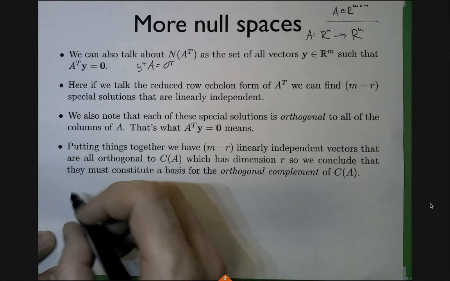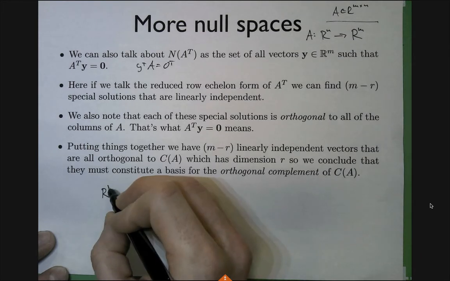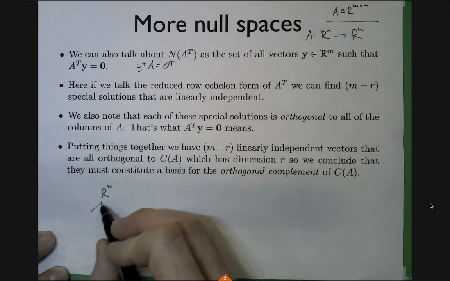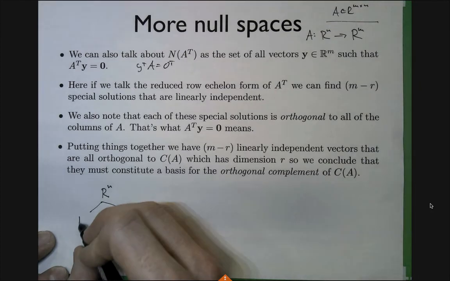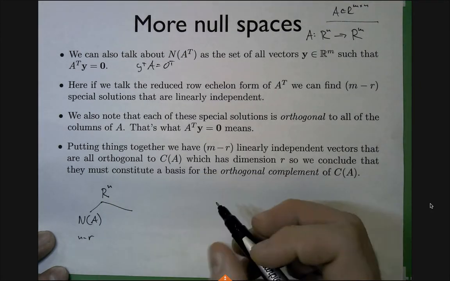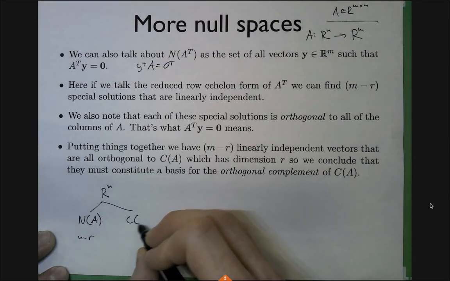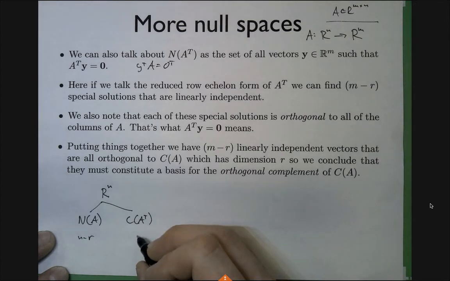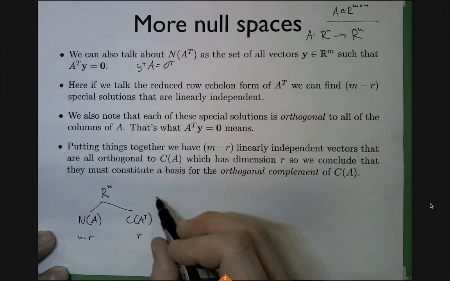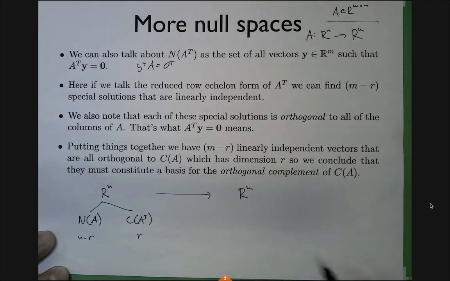What I have just discussed is that Rn, the input space, essentially splits into two subspaces: the null space, which has dimension n minus r, and the row space, which has dimension r. And it maps into Rm. That's the target space, the output, the results.